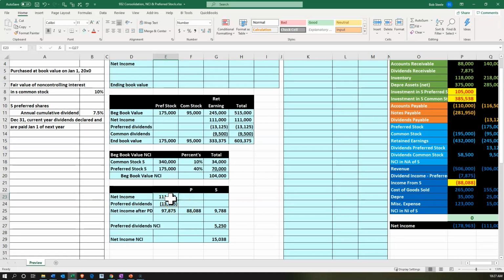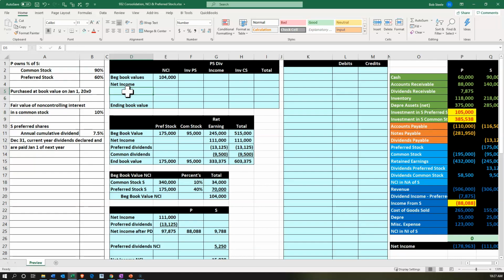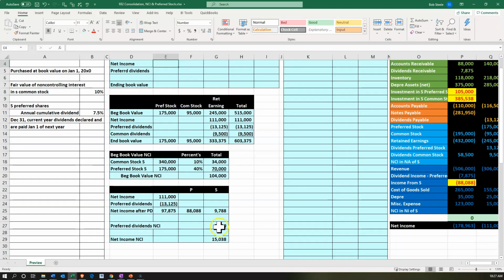Notice what we did here. We took the net income minus the preferred dividends and then broke them out. So, but I'm actually going to break out the net income and then put the preferred dividends here. So what I'd like to do then is pick up this number before we take out the preferred dividends. So then we got this number that already has the preferred dividends removed, S's non-controlling interest portion.